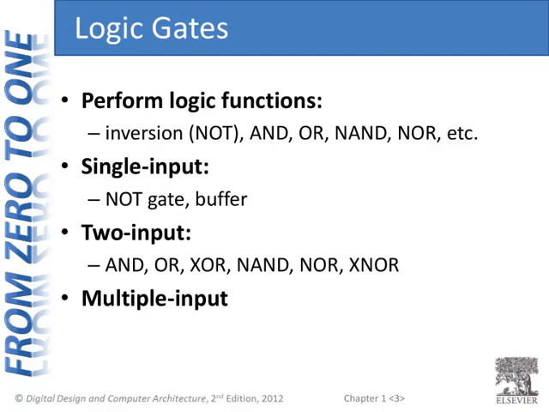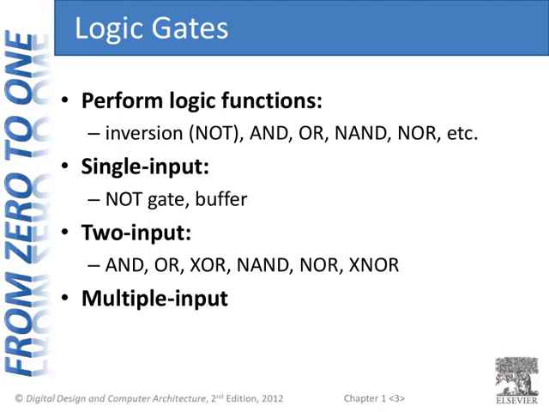So logic gates perform these logic operations: inversion, AND, and OR, as well as NAND, NOR, and some other operations that we'll talk about. But they're all built on the fundamental operations of NOT, inversion, AND, and OR. So we have single input gates as well as two or multiple input gates.